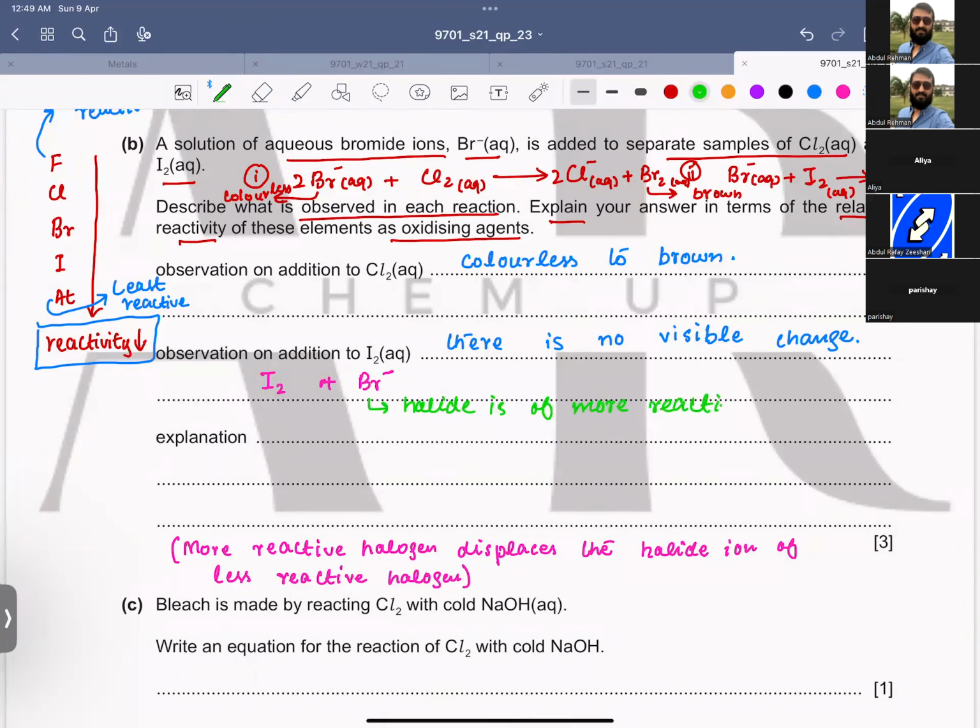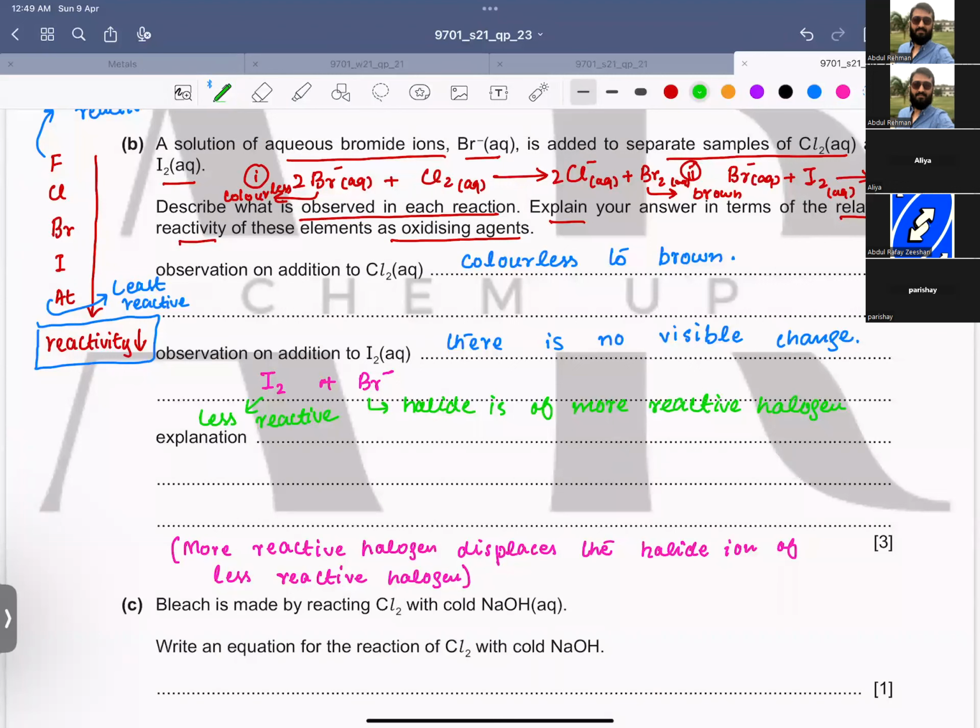Are you getting this point, Abdurrafe? Yes. And this is less reactive halogen. So that's why there is no reaction. And if there is no reaction, you are not going to observe any visible change over there. Now, is this understandable?